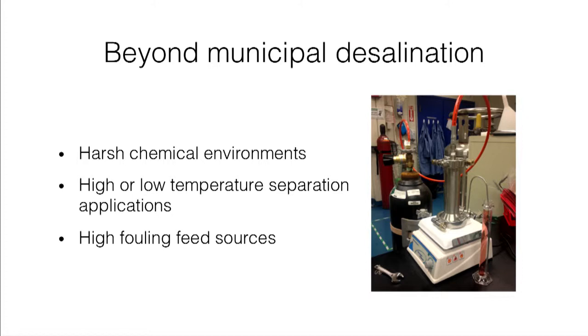So with reduced graphene oxide membranes, we can operate membrane separation in harsher chemical environments, in very high or very low temperature environments. Polymer membranes have about a 10°C range that they like to operate in, which really limits their use in a lot of applications.